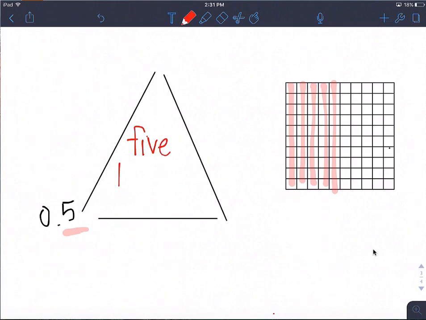And we say that as 5/10. So I can tell right now that this is going to be 5/10. And I shaded in 5 columns of 10, so 10, 20, 30, 40, and 50.